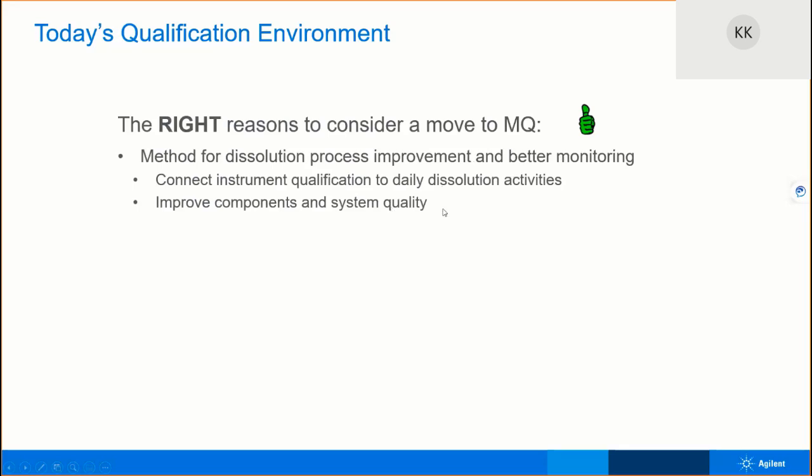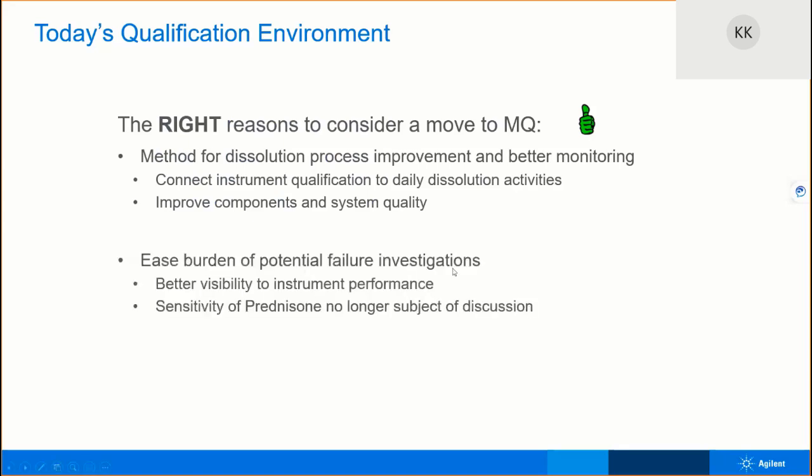So you can also have a monitoring system and do some kind of trending and see if there's anything going wrong with your dissolution equipment over time, right? You ease the burden of potential failure investigations because you have a better visibility to instrument performance. And the sensitivity of prednisone is no longer a subject of discussion, right?